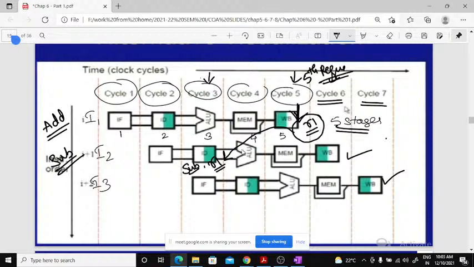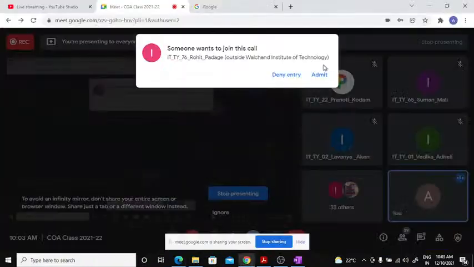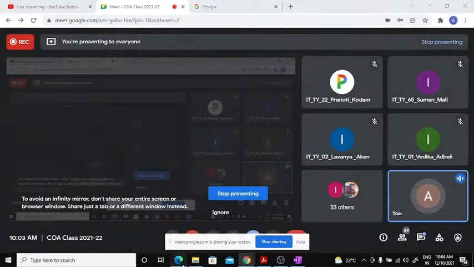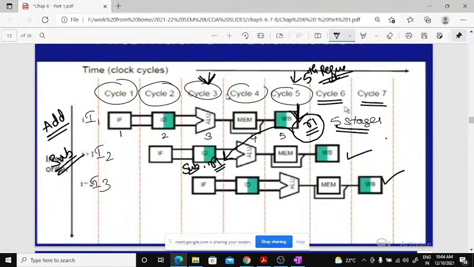So here a delay occurs because of the dependency, because we are using this pipelined approach. We get the old value here, and it creates a delay.